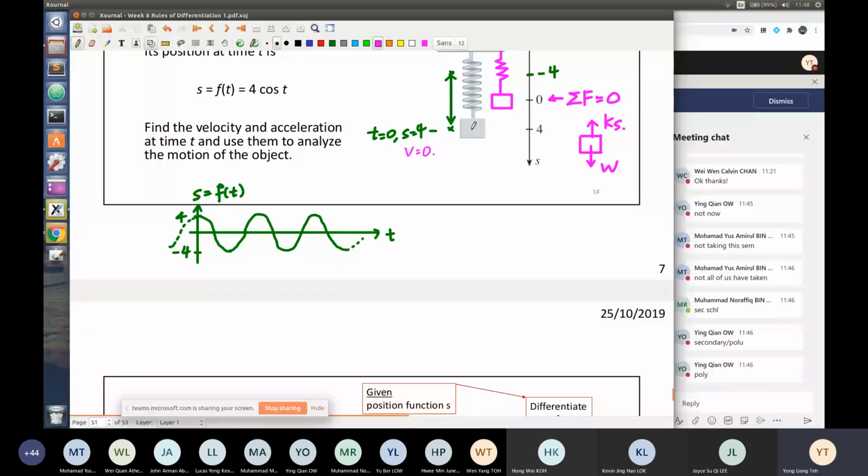Therefore, when you let go, the spring force is going to cause acceleration back to the equilibrium position. So where is the velocity now? Velocity is upwards. So take note that your s is actually positive downwards.